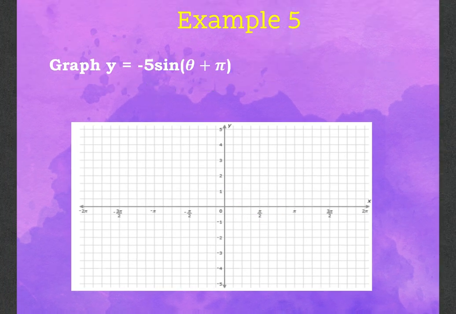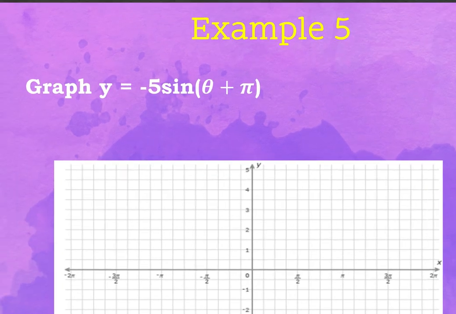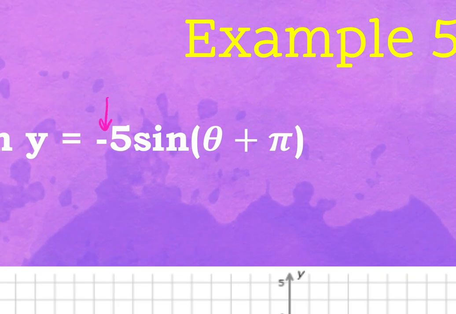All right, now this one's got multiple parts. So let's identify each part. The negative on the front means this is a reflection over the y-axis. Nope, sorry, over the x-axis. Or it's upside down. The 5 means your amplitude is 5.